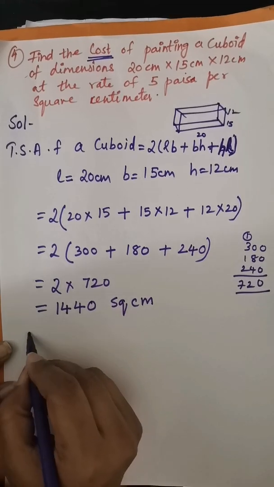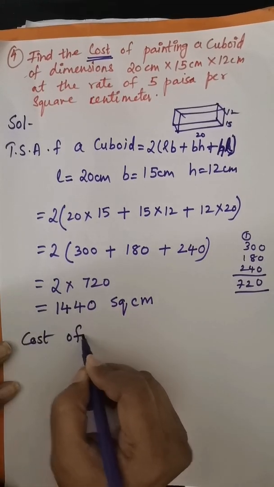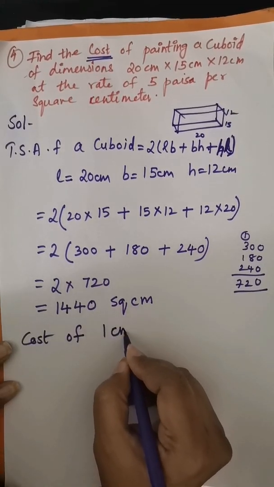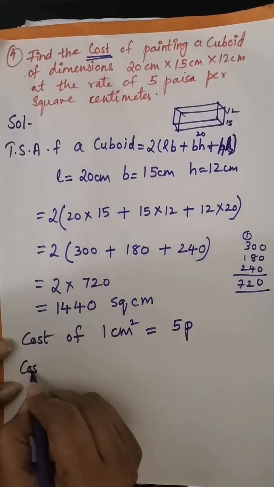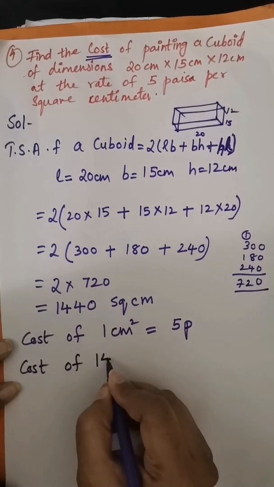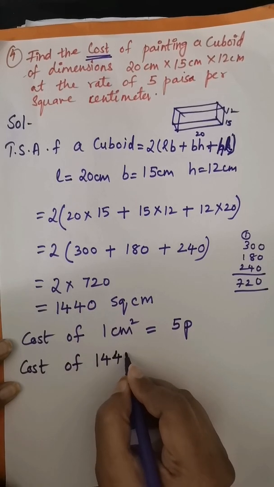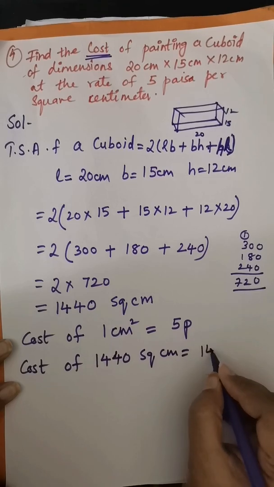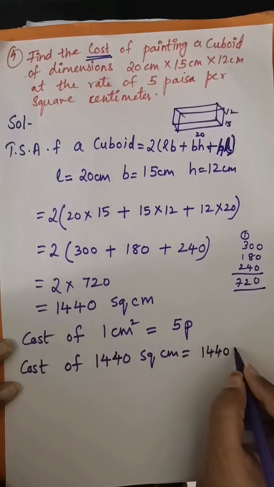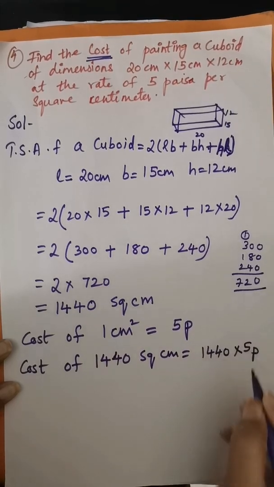Now it is given the cost of 1 square centimeter is 5 paisa. You have to find the cost of 1440 square centimeter, which will be 1440 into 5 paisa.